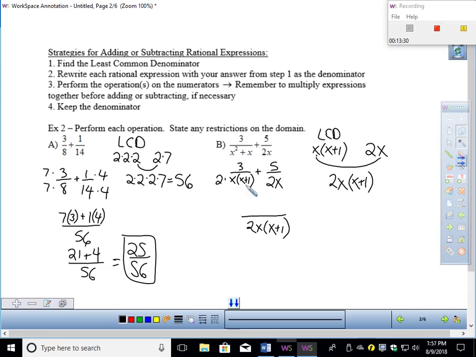Well, again, if I multiply the denominator by 2, then I must multiply the numerator by 2. And that's what I'm going to write right here. So 2 times 3. And again, if you can shortcut this a little bit, by all means. All right, super. Left part's taken care of. There's my plus. Now I look at the original denominator on the right, and it's made up of 2 factors, 2 times x.